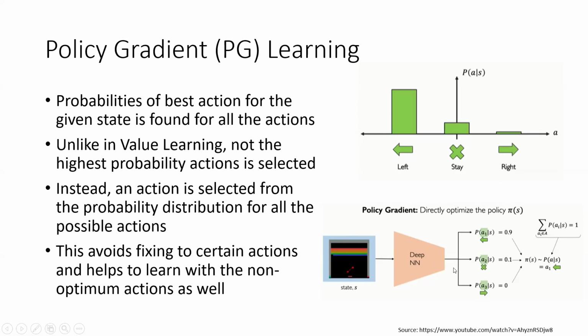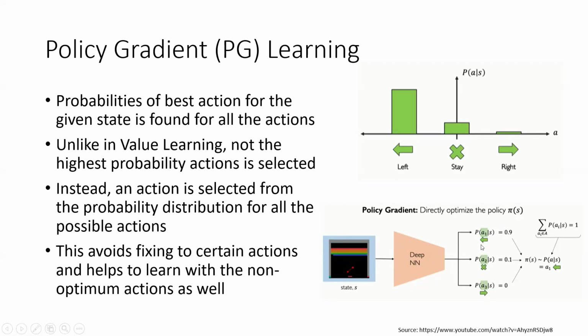In this policy gradient learning, what you do is you directly sample from a probability distribution, as I mentioned. So what really happens inside is that you would calculate the probabilities for each of the actions for the given state, right?